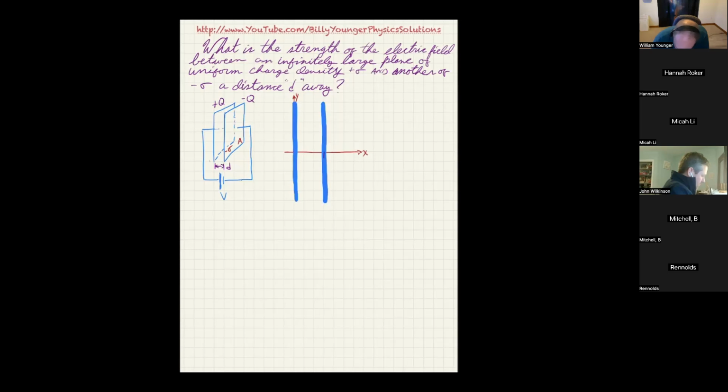So this distance right here is D, and this distance right here is 0. And again, for the record, this one will be minus Q, and this one will be positive Q. Okay? So first off, I want you to think about this dot, let's say this dot right here.